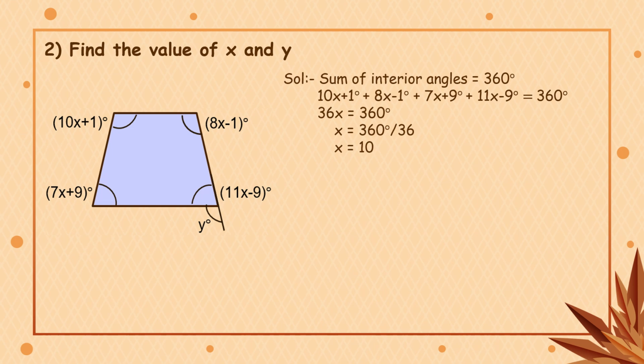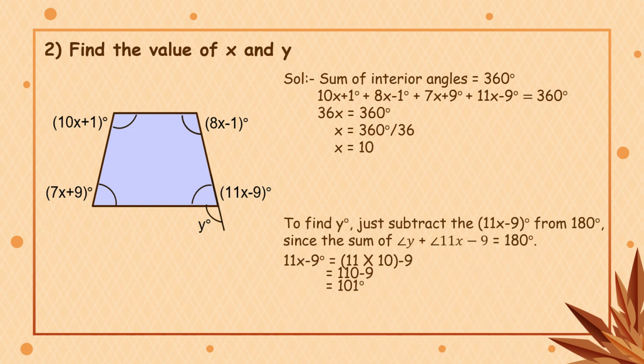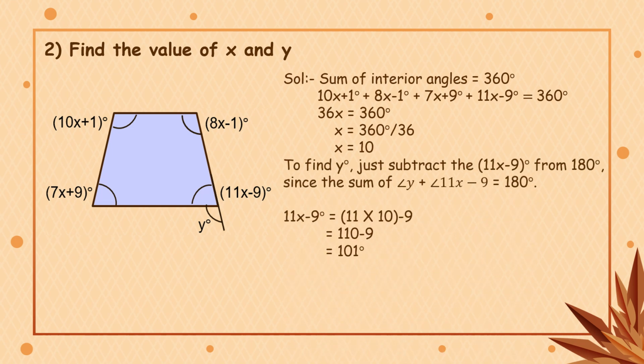Okay, here your y is an angle. Why? You can see, there's an angle drawn. So what is your y? Your y is an exterior angle. So look here. Now to find angle y, what are we doing? It's just simple. We know that when we add angle y and angle 11x minus 9, we are going to get 180 degree.